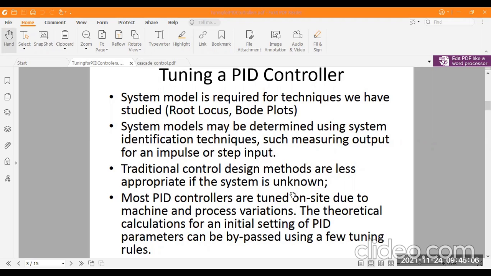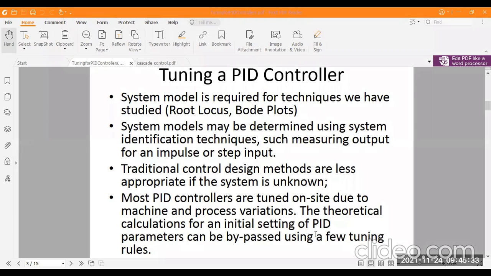It is also for unknown systems, and most PID controllers are tuned on site due to machine and process variations. When a user applies a PID controller in any process control industry, the user or automatic control system first verifies which parameters to use.